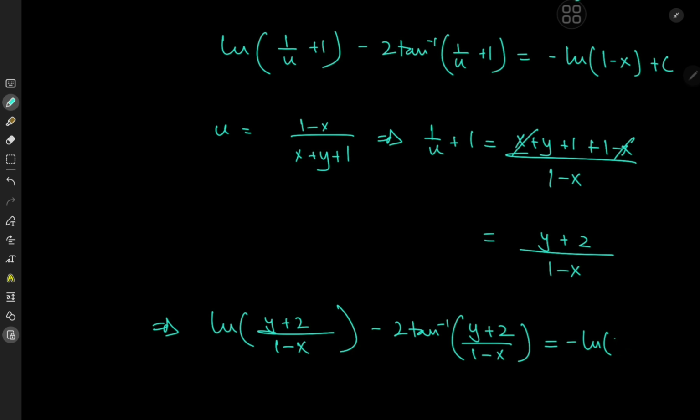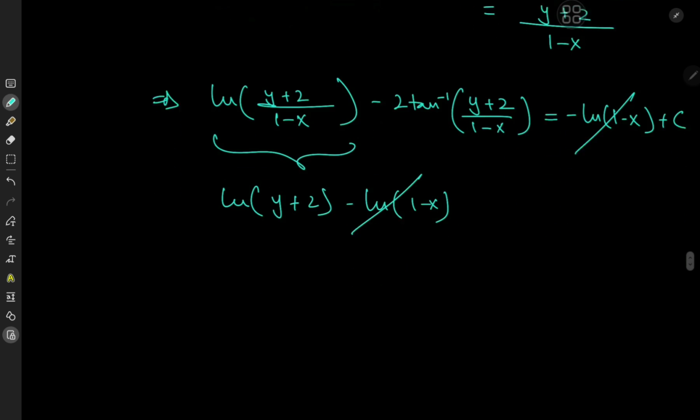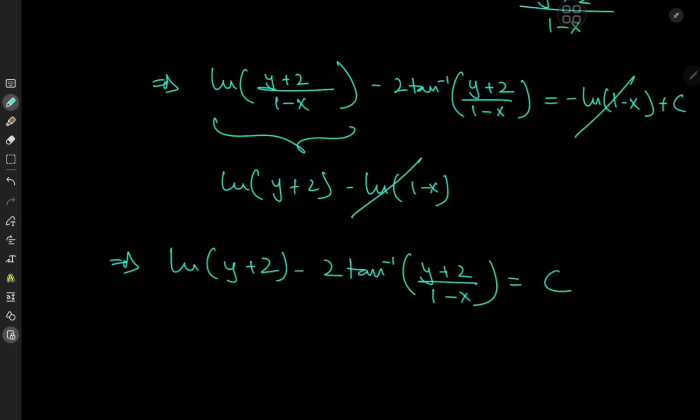And this equals negative log 1 minus x plus the constant of integration c. And using the properties of the logarithm, we can write this term as log y plus 2 minus log 1 minus x. So obviously we have some nice cancellation taking place. And we have the interesting looking solution of the logarithm of y plus 2 minus twice the inverse tangent of y plus 2 divided by 1 minus x equal to a constant of integration c.